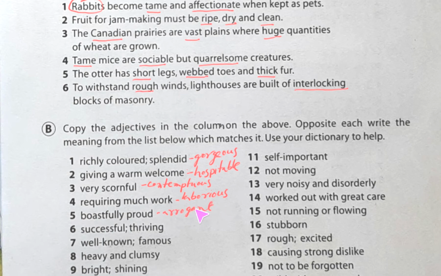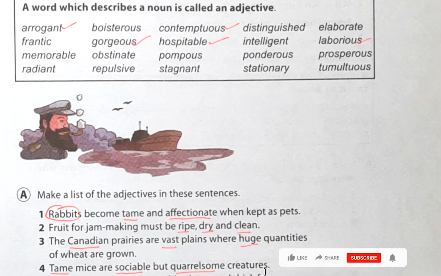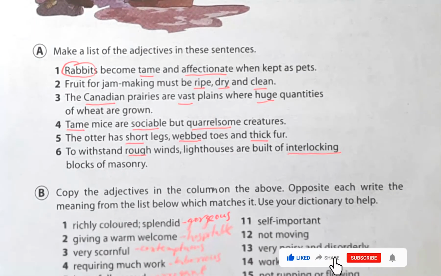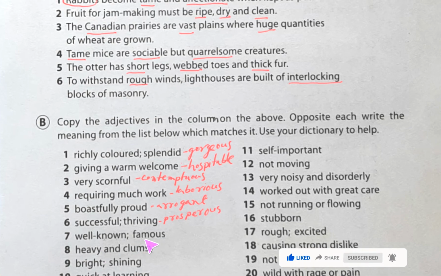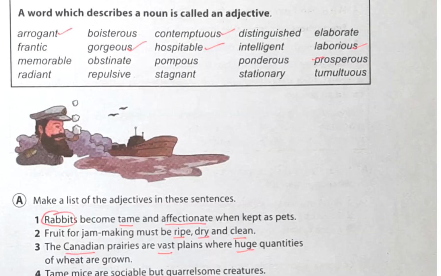Next one, successful, thriving. So in this place it will be prosperous. So write in this place, prosperous. Next one, well known or famous. Its answer will be distinguished.